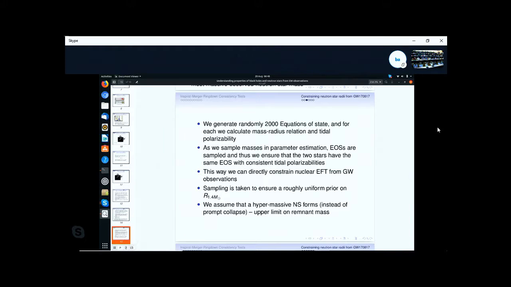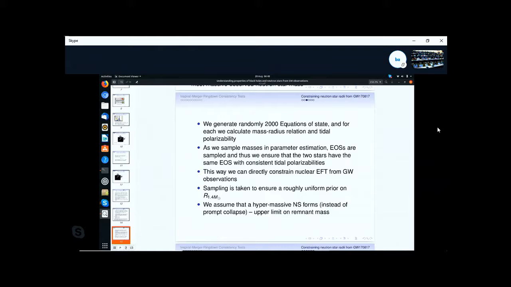Then when you sample now in the masses, you can then also sample randomly from these EOSs that we've selected. And then for each of these cases, you have the values for lambda 1, lambda 2 completely consistently, without making any additional assumptions on how these should depend, or any approximations.